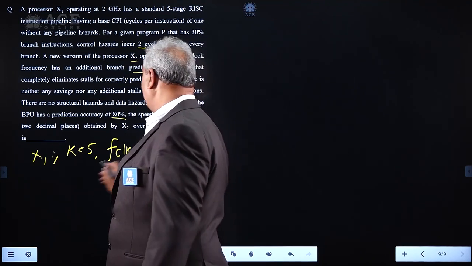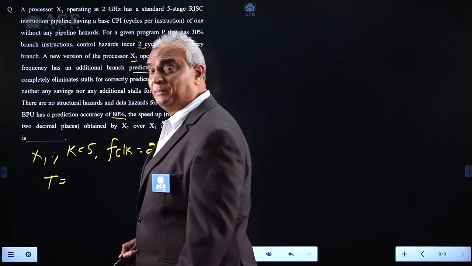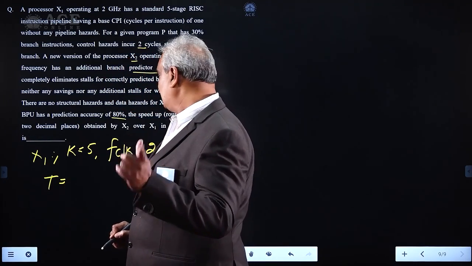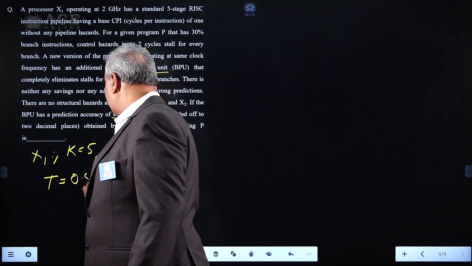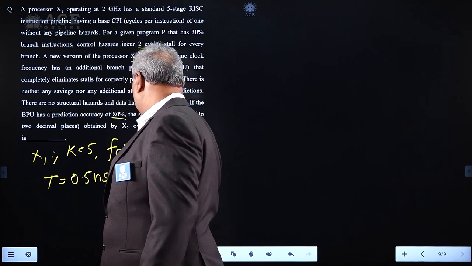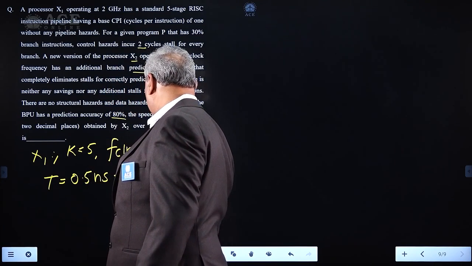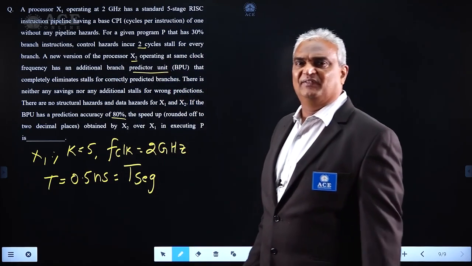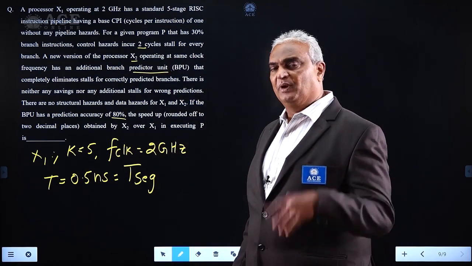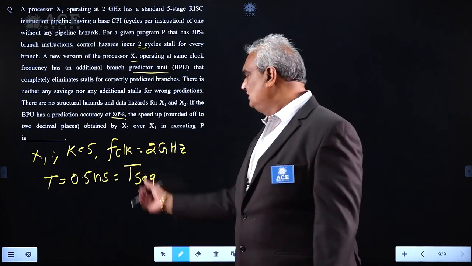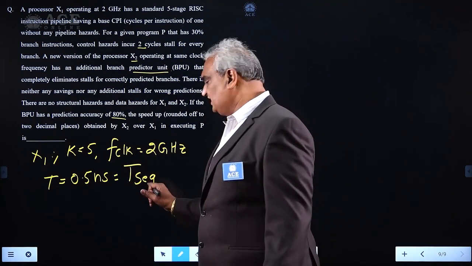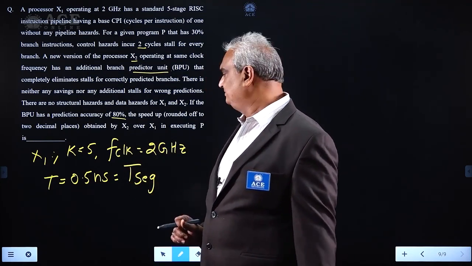Then clock cycle time is nothing but 1 by frequency, which provides clock cycle time 0.5 nanosecond. It is nothing but, in our style, segment delay time. When segment delay time is not given, 1 clock cycle is considered as 1 segment delay time, T segment. Segment is nothing but suffix.